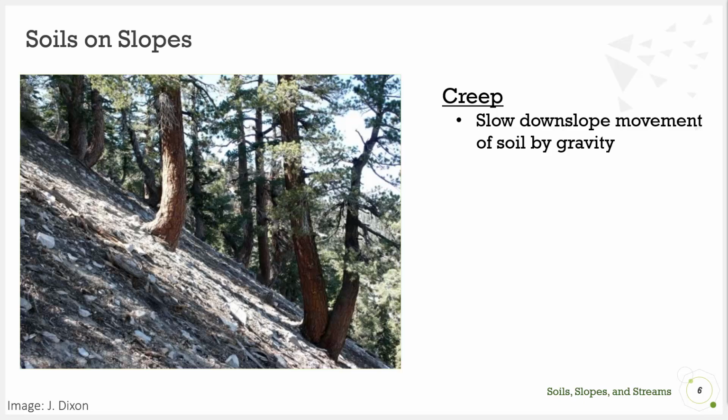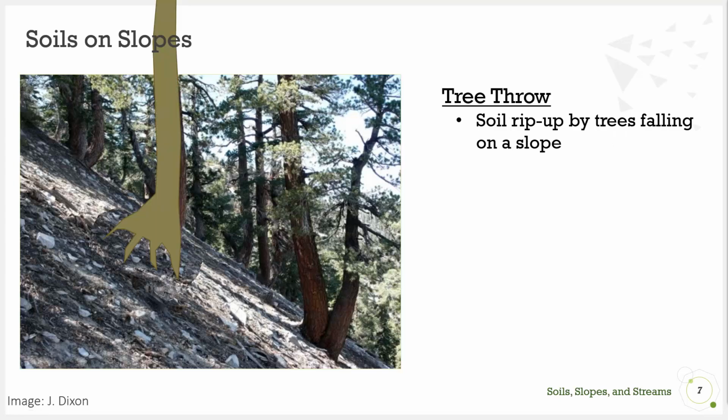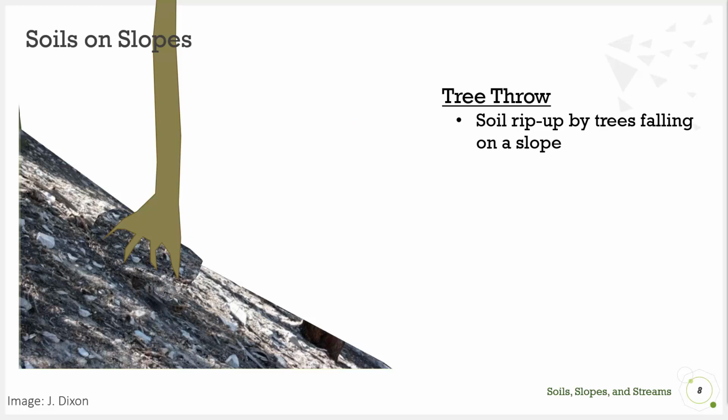While creep may try to run those trees over, trees can also drive creep on their own. This is a process called tree throw, and let's focus in on this tree right here. It's rooting into the soil and maybe even rock at depth.